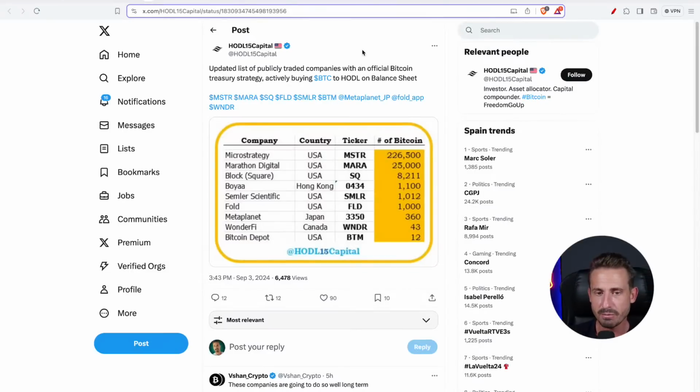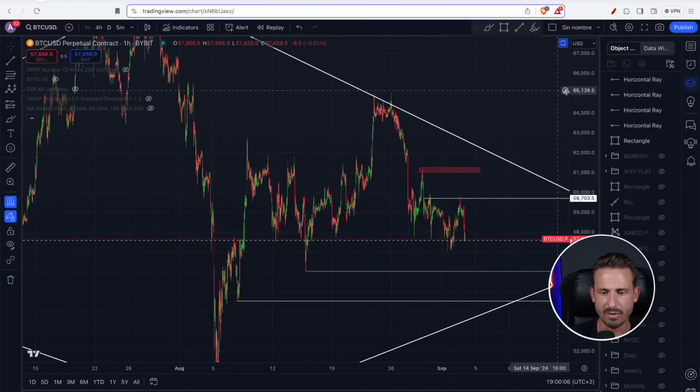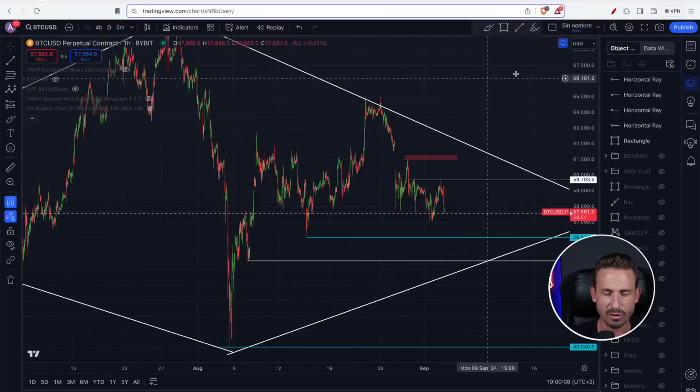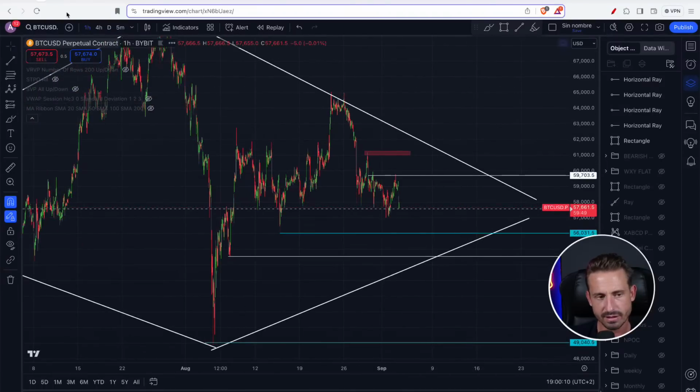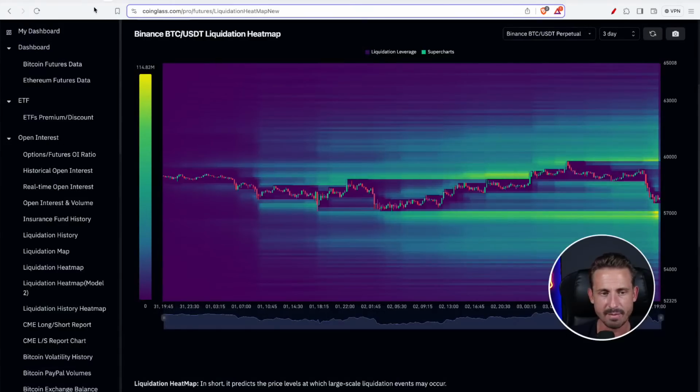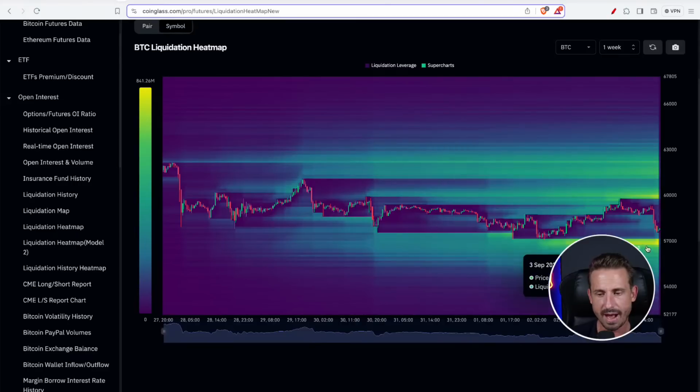Let's go through some news. Who wants to know about news? We take liquidity out at 55k. Yeah, very much possible. There's no doubt. When we take a look at the liquidity heat map, we do have right now locally a lot of liquidity beneath $57,000, legends.